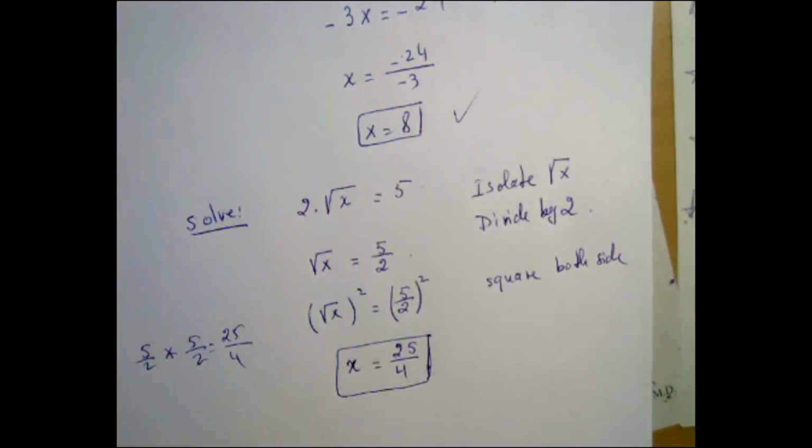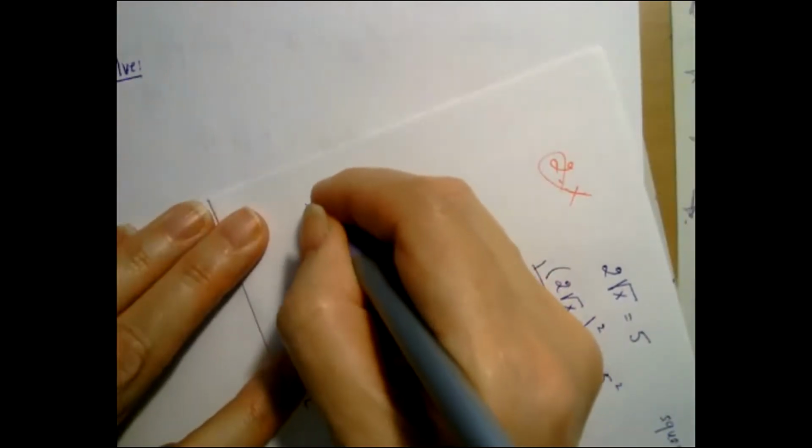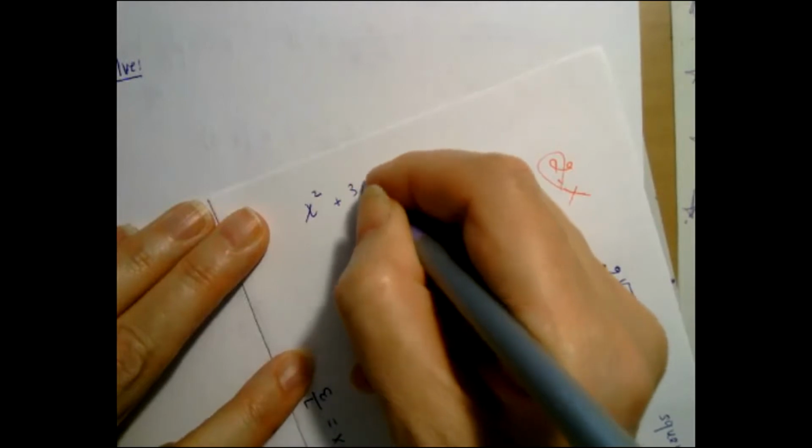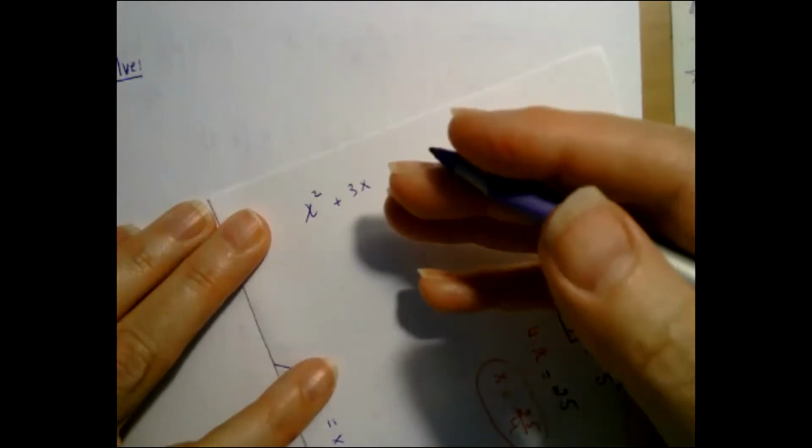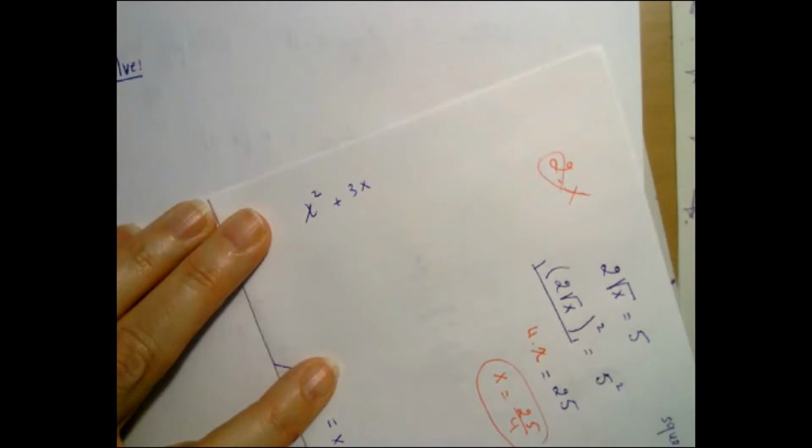Okay. Now the last type of equations that we're going to do is the one I started with, the one that you seem to have been comfortable with. So here's my problem. Whenever I have x squared in the equation, a combination of x squared and x, we do not isolate x anymore.